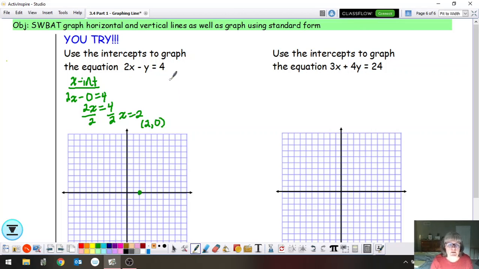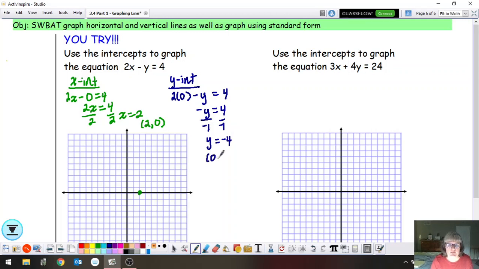The y-intercept, I need to find y when x is 0. So 2 times 0 minus y equals 4. Well, 2 times 0 is 0, so we have negative y equals 4. Divide each side by negative 1, and I have positive y equals negative 4.